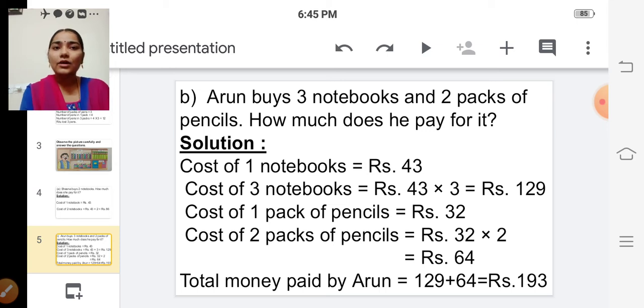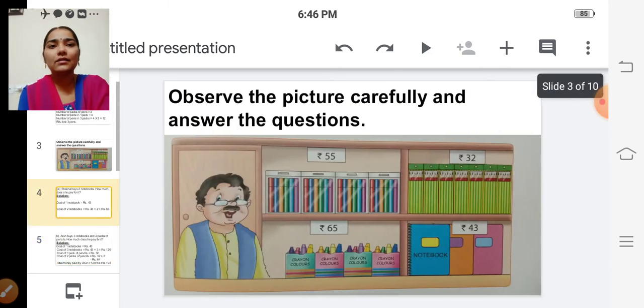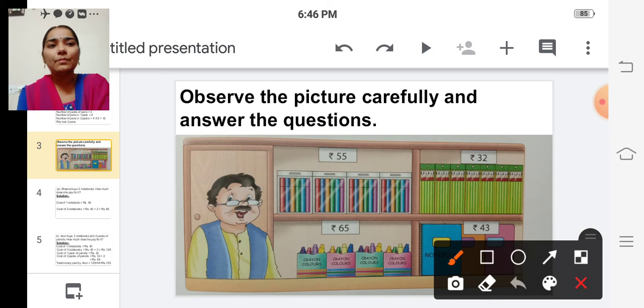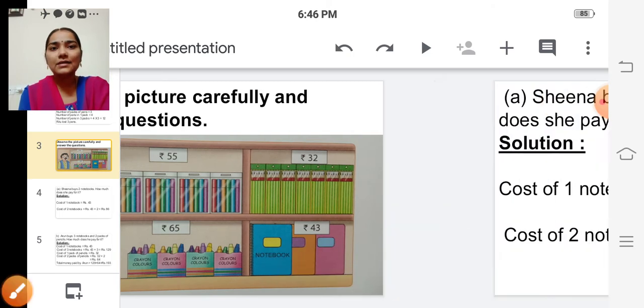And another one, he buys 2 packs of pencils, isn't it? What is the cost of 1 pack of pencils? It is rupees 32, as shown in the picture. 1 pack of pencils costs rupees 32. So how many packs he buys?